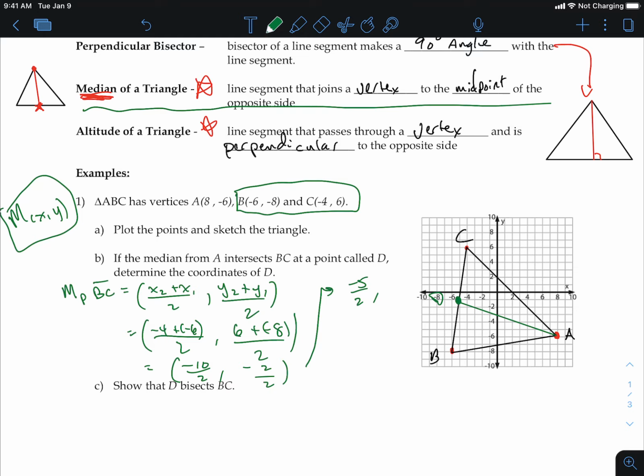Okay, so, sorry, what was I doing? You guys distracted me again. These are the coordinates of point D. Any questions? All we've done there is taken the idea of what a median is and applied it to what we already did yesterday with finding the midpoint.